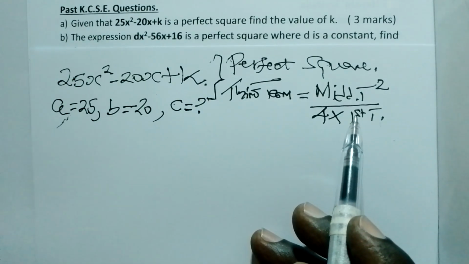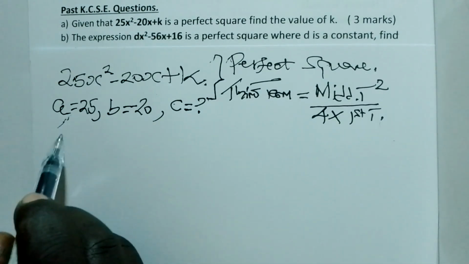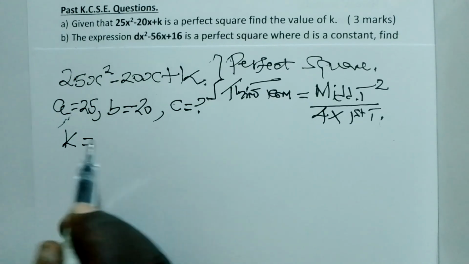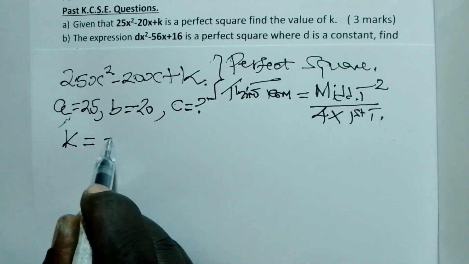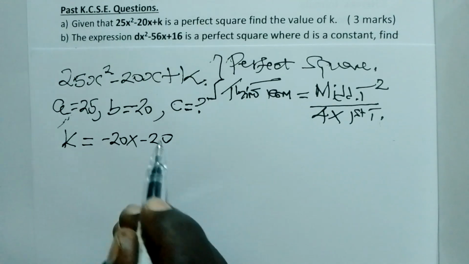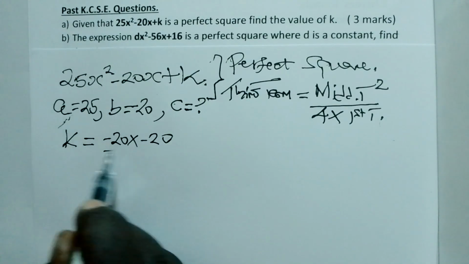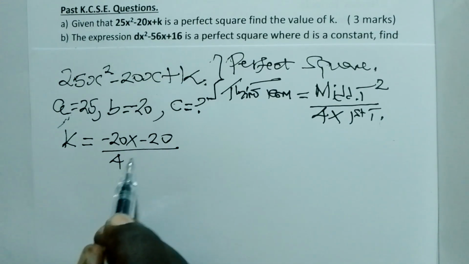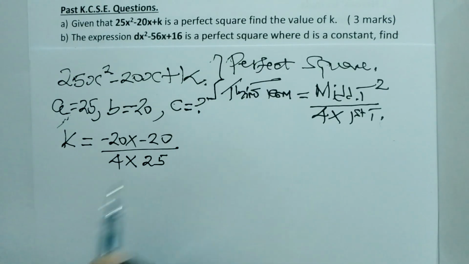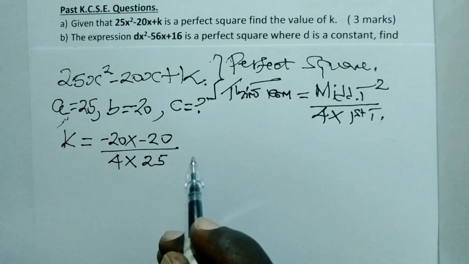Therefore, when we substitute in this formula, the value of k, which is the third term, is equal to negative 20 multiplied by negative 20 over 4 multiplied by 25. So we can simplify this.